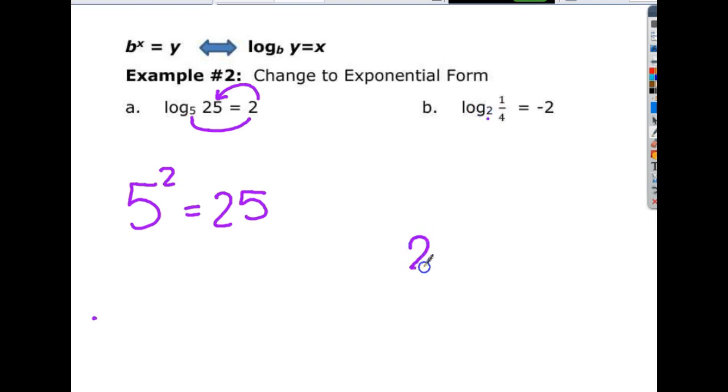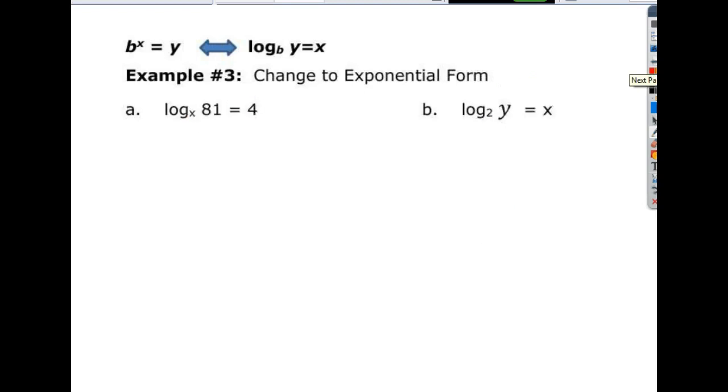This is the base. This is the exponent. And it's equal to this number right there. Some people are helped by drawing that little circle. This is the base. This is the exponent. That's what it's equal to.